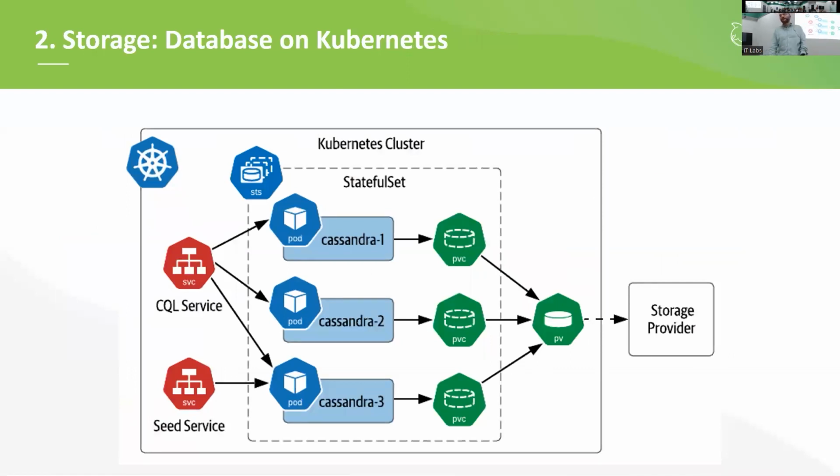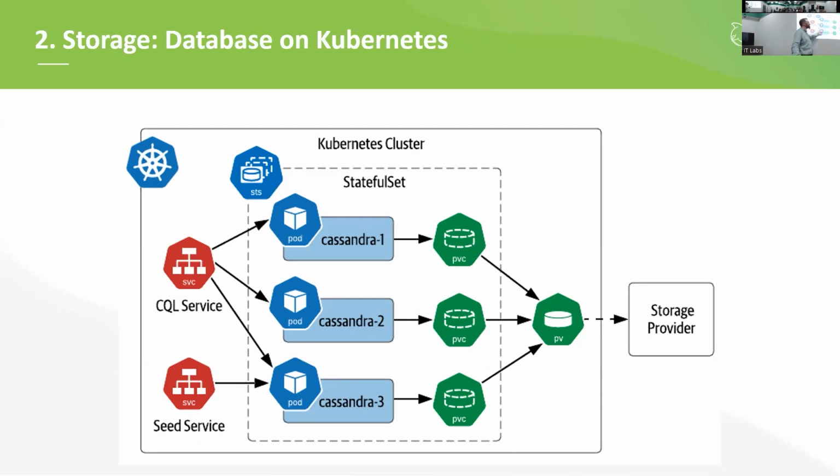Next, we have the use case of a database on Kubernetes. This is very important to know, because Kubernetes is a very dynamic environment. It's not meant to serve stateful applications, at least that's my opinion. So when it comes to having a database inside Kubernetes, you need to have, as you can see here, a persistent volume claim for each database instance.